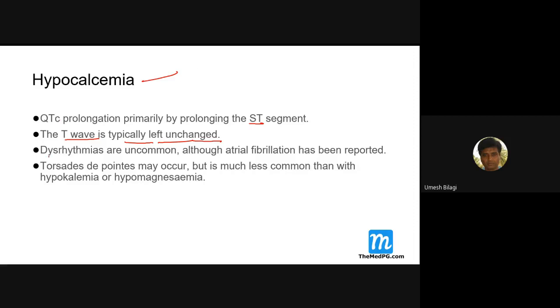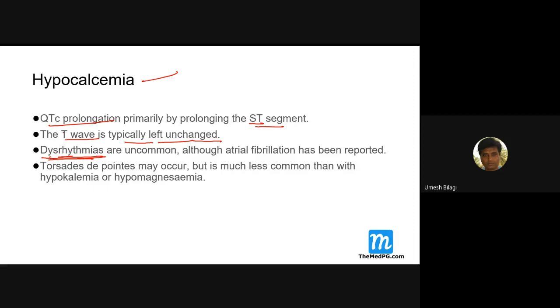Although there is QTc prolongation due to prolongation of the ST segment, these patients are not prone to dysrhythmia. Whenever there is prolongation of the QT interval, we are afraid of what? Dysrhythmias, arrhythmias, ventricular fibrillation, ventricular tachycardia, such dangerous things. Whereas with hypocalcemia, they may not be prone to develop dysrhythmias.